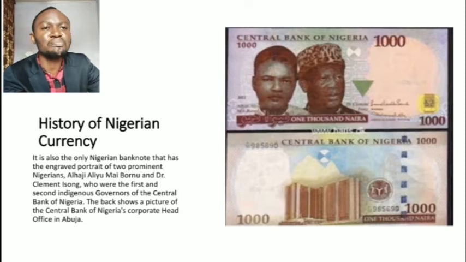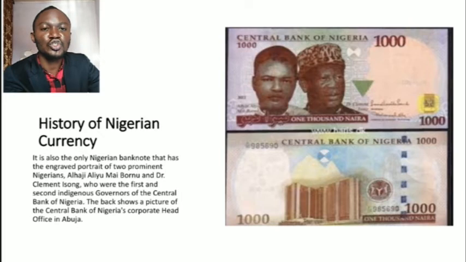Who are those prominent Nigerians? Number one, we have Alhaji Aliu Mai Boronu and Dr. Clement Isong. These prominent Nigerians were the first and second indigenous governors of the Central Bank of Nigeria.